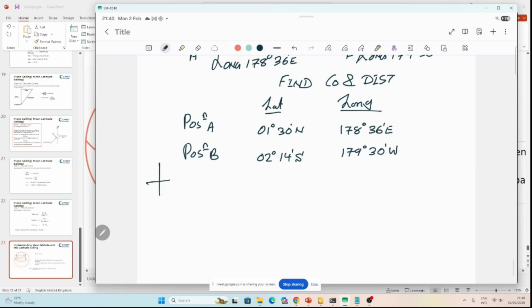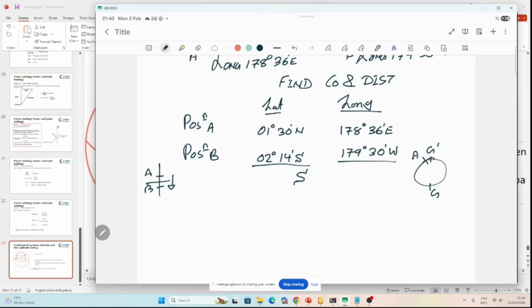So now let's draw this one. You are moving from position A in the north to position B in the south, so you are moving towards south. Then this is D dash, 178.36 east. A is here, 179.30 west.